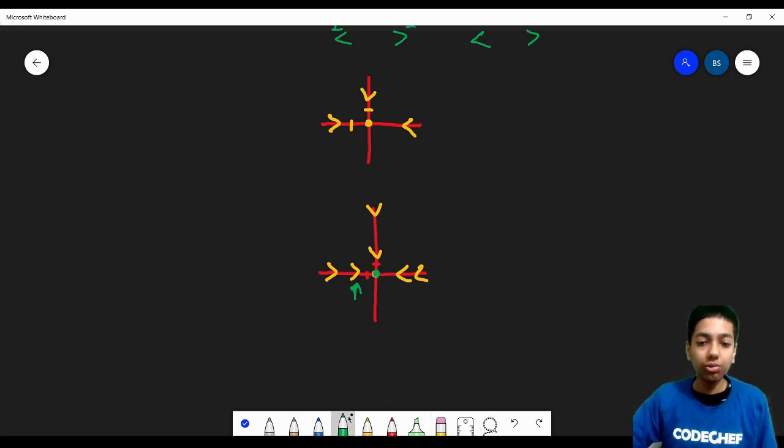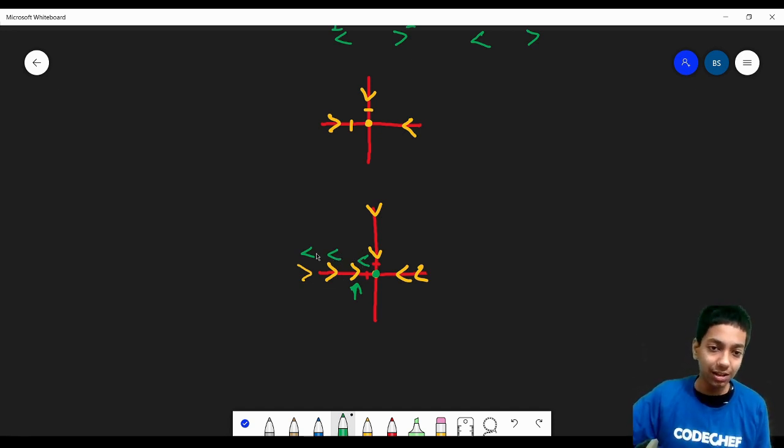So what we are going to do is that, let's say I take up this ant, right? So for every ant, let's say this ant, what I'm going to check is that if this is colliding at the origin, then it will definitely come back, right? And when it's going to come back, it will meet all the ants that are on the left. So if let's say there's another ant like this, so if this ant will turn back, so it will now move in this direction, so then it will definitely pass through all these ants, right? Now we can use that observation that we made above.